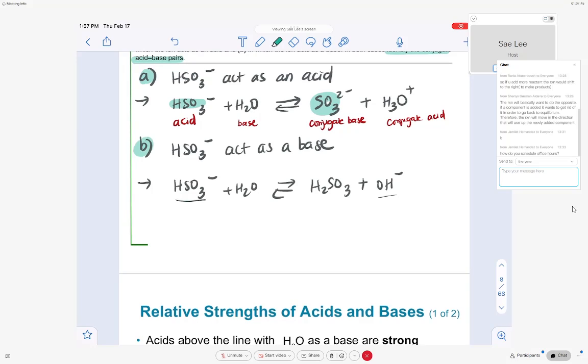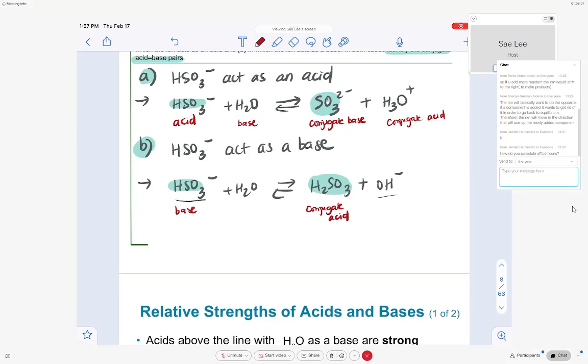For equation B, the hydrogen sulfide is acting as a base, so it is a base. The form that has the extra hydrogen is going to be the conjugate acid.